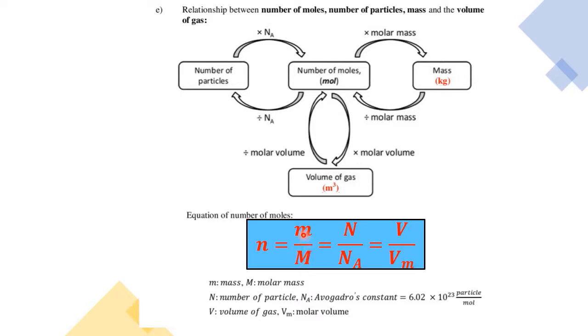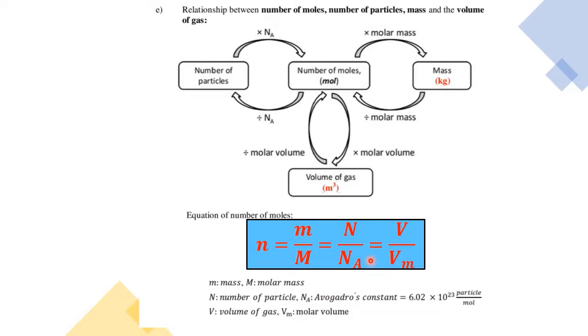Pastikan unit mass dan unit molar mass mestilah sama. Molar mass biasanya memang dalam gram. Jadi unit mass ni mesti kamu tukarkan kepada gram, ataupun molar mass ni convert kepada kilogram dan mass mesti juga dalam kilogram. Baru akan dapat nilai number of mole yang betul.